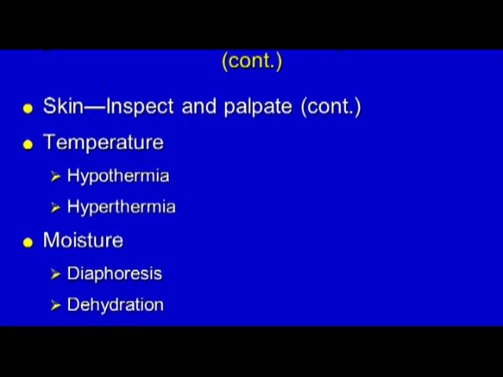I'm also trying to determine if it is moist. So you can say dry or moist, or diaphoretic, which would be someone that's shocky and sweaty. Or if they're really dry, are there other signs of dehydration, like a dry lip or dry mouth? Those are some of the signs of dehydration.